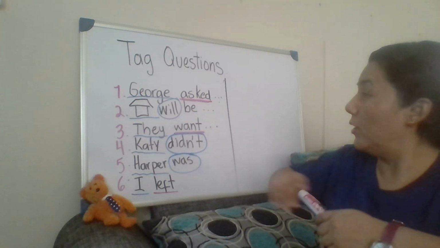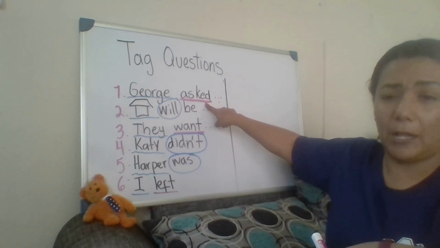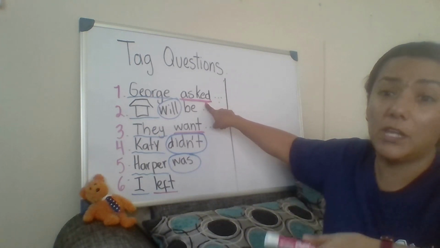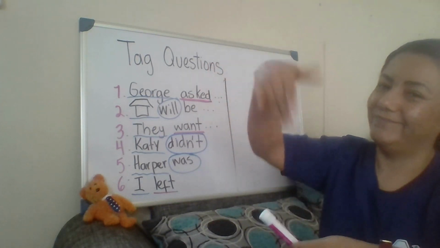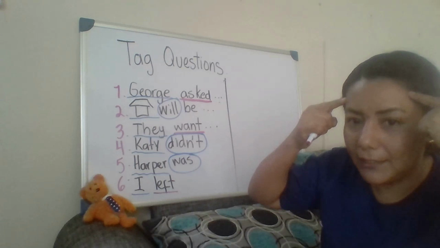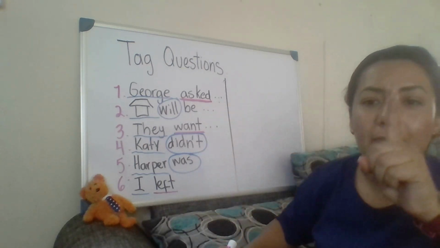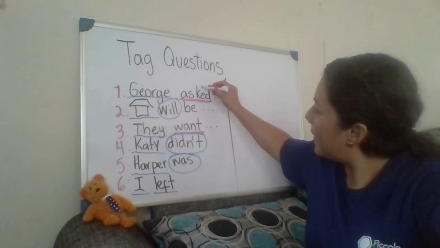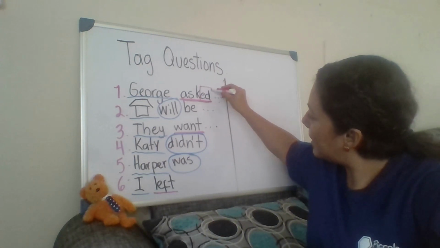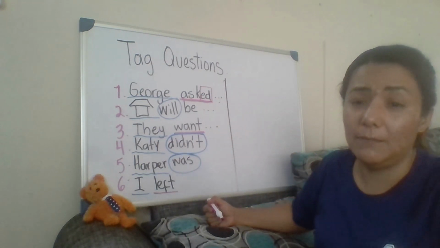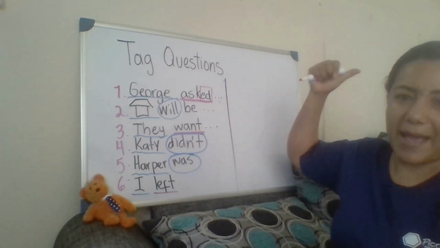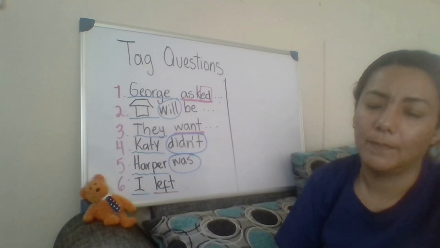Now, what are we going to do if we don't have a helping verb? If they don't give us a helping verb, we can get it by analyzing the verb. Now, the verb asked, if it has ed, is that present, past, or future?